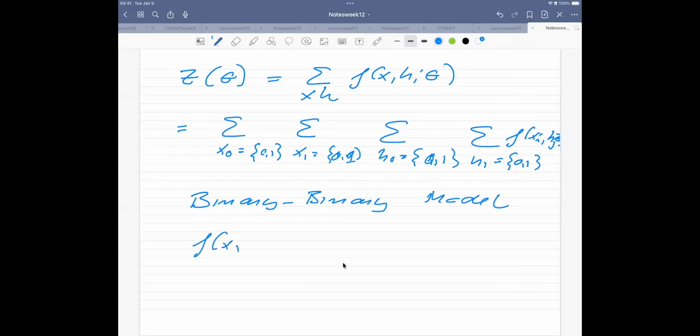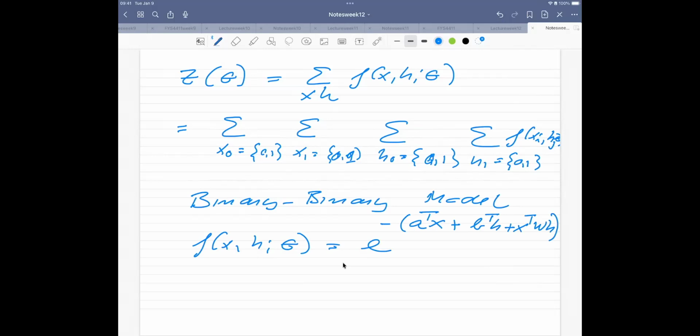f of x of h of theta, which is given by a function, and I can have a minus sign here. So I can have a^T times x, these are vectors, plus b^T h plus x transpose W h.